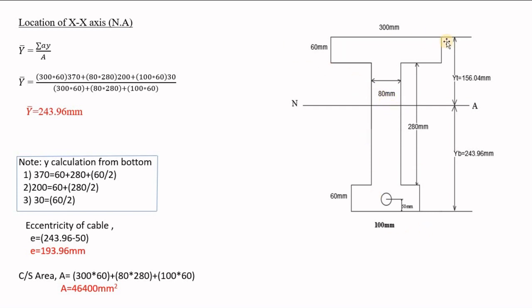And you can clearly see that it's not a symmetrical section, it's an unsymmetrical section, but it is symmetrical about the y-axis. That means if you fold this portion towards the left side, these two will overlap, these two will overlap, and it will be an exact half.